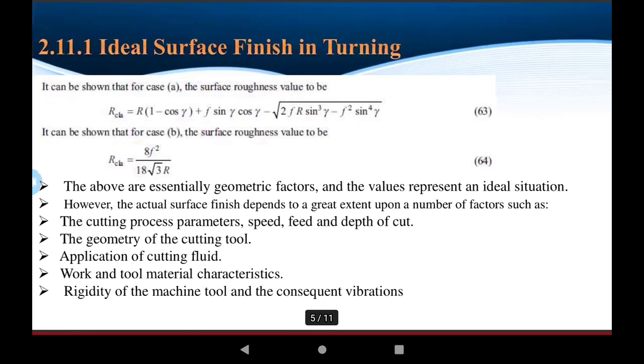Ideal surface finish in the turning operation is shown in the figure.